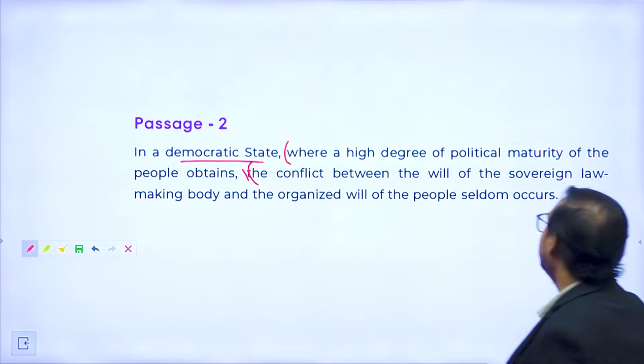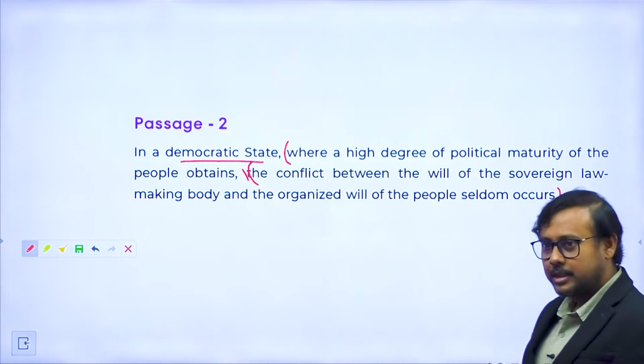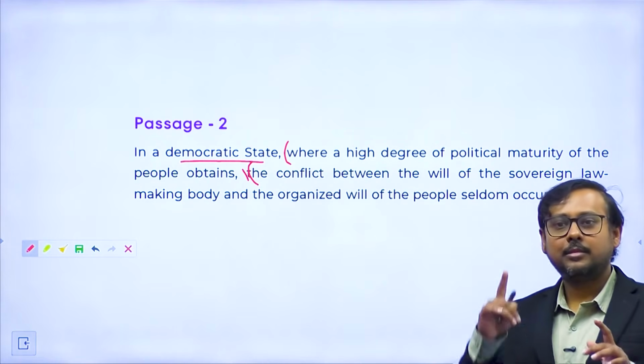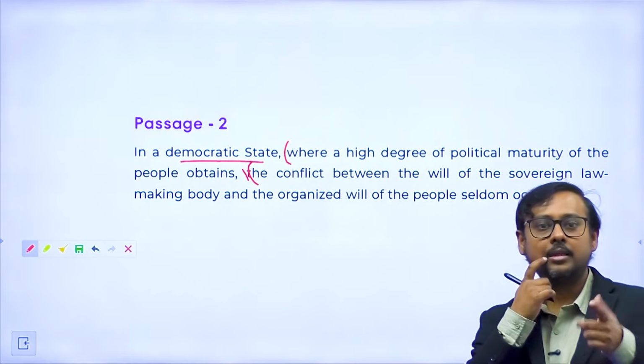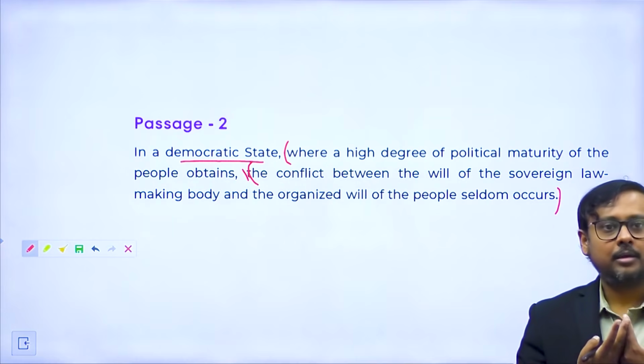The conflict between the will of the sovereign law-making body and the organized will of the people seldom occurs. What would this mean? That is true. Excellent. Then, in tandem.